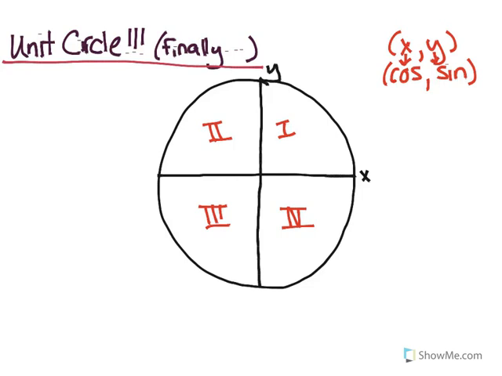So what we're going to do is rename our axes so that they fit the trig that we're about to use. We're going to name our x-axis cosine, and our y-axis sine. Okay? So the first thing that we need to do is see how these special right triangles play a part in this.